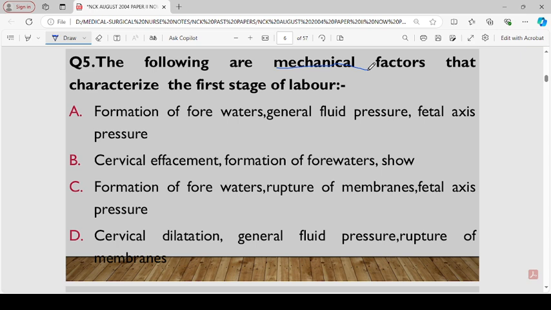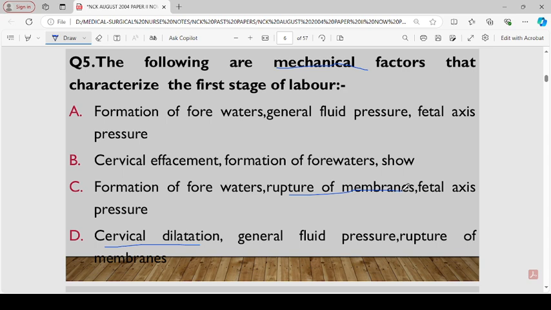Cervical dilatation will be noticed by the healthcare provider, so it's more of a clinical sign, right? Like cervical dilatation, also the rupture of the membranes.